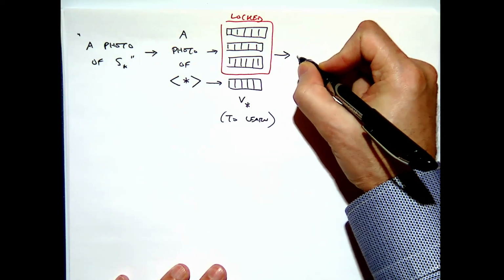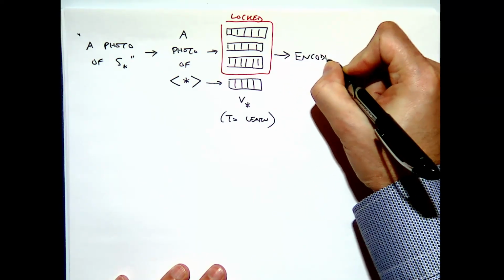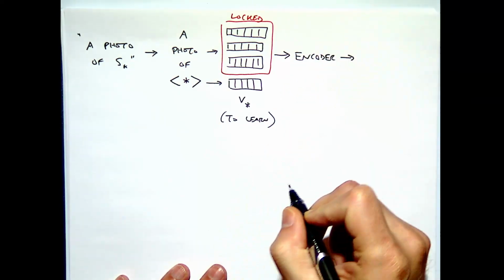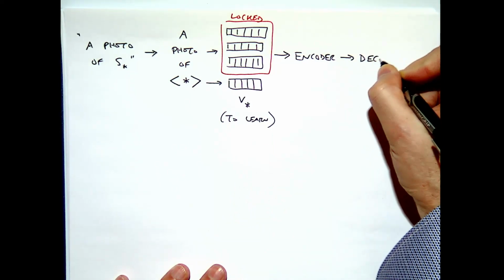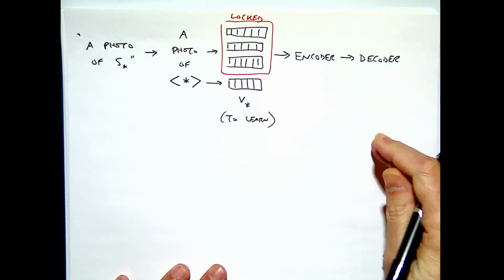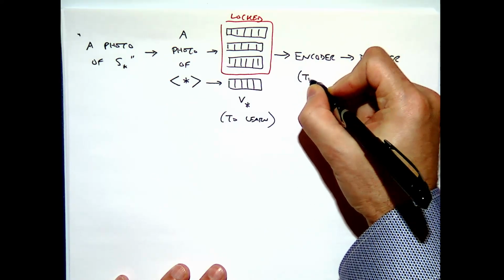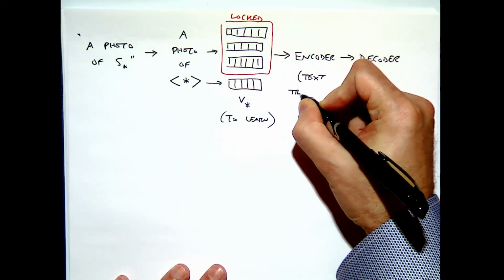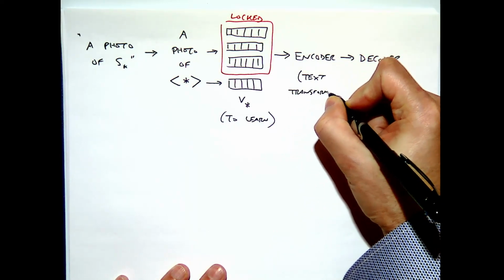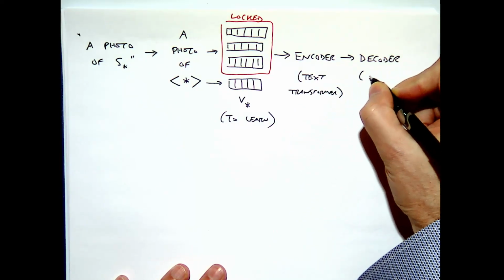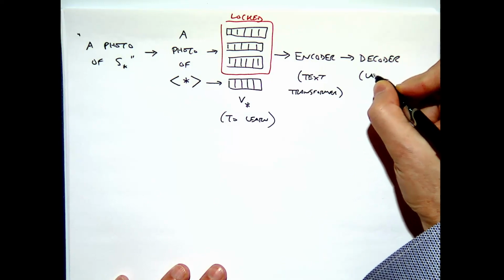I've got an encoder, which is a text transformer in this case, and then I have a decoder, which is my latent diffusion generator. So this is a text transformer. This is a latent diffusion generator.